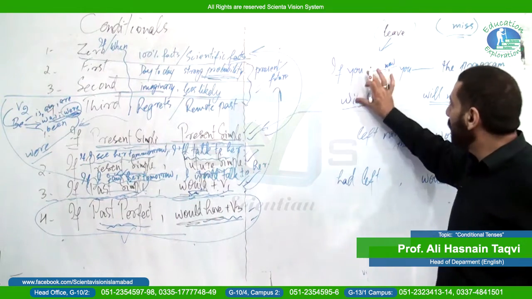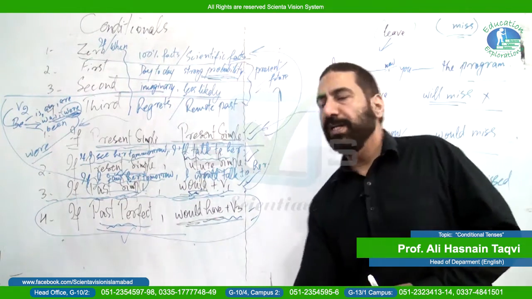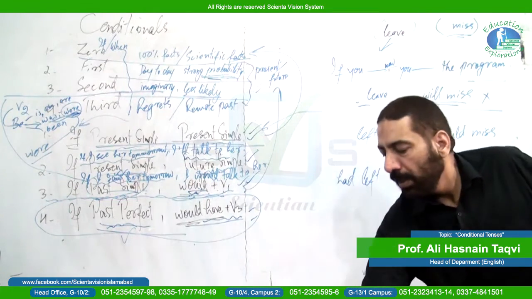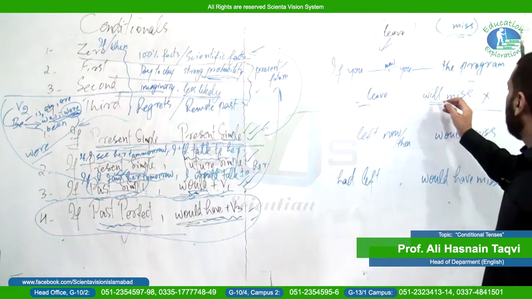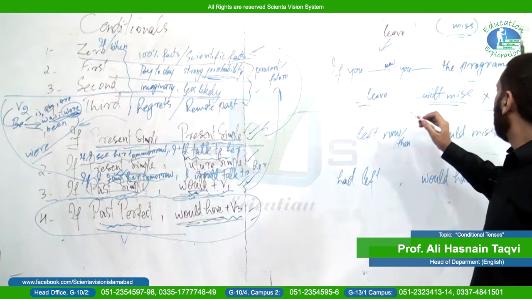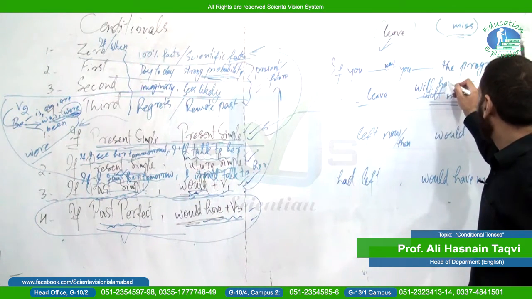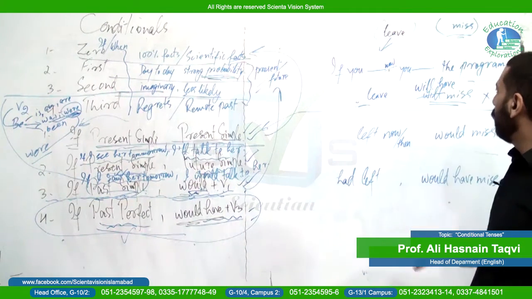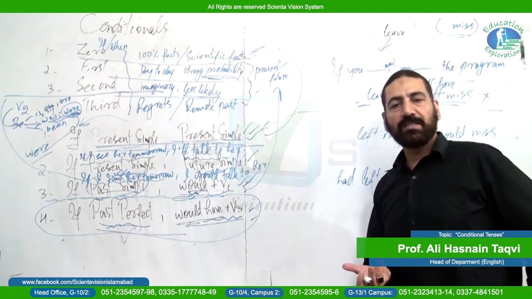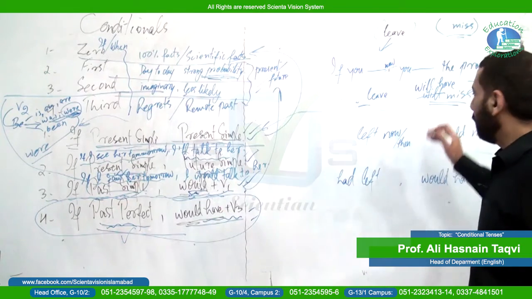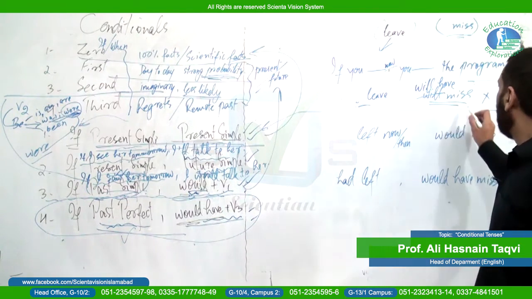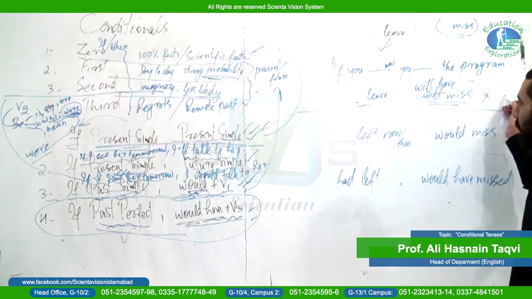Then again, if he is not using will here, he may be using, let's say, will have missed. If you leave now, you will have missed. That doesn't make any sense. Time frame is not being adhered to. So, faulty.